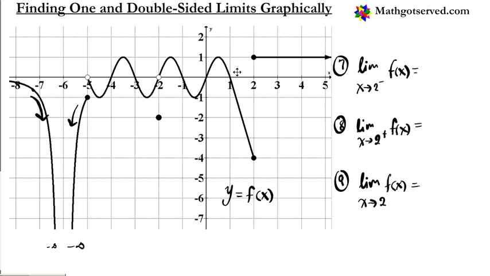Alright, so let's do the left direction. When you're approaching 2 from the left, when x is approaching 2 from the left side like this, we're in a car going down this curve. What's happening with your y value? As you're getting really, really close to 2, your car is going to be facing here. You notice you're going to be decreasing, right? Your y value is decreasing. Does it decrease forever or towards a fixed point?